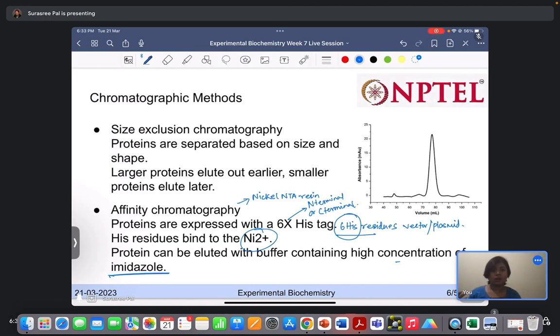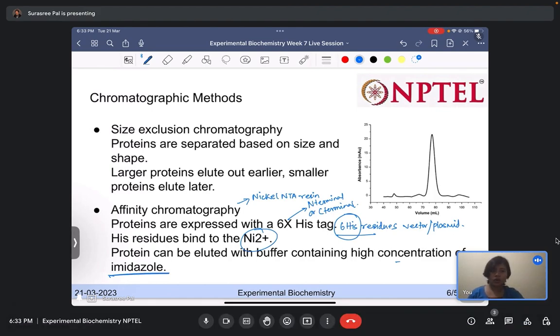So by passing higher concentrations of imidazole, we can elute out our protein of interest from the matrix. Why? Because the imidazole will now compete with the protein molecule, and eventually it will help in eluting out the protein molecule from the matrix. So that is a very common process which we use in affinity chromatography.